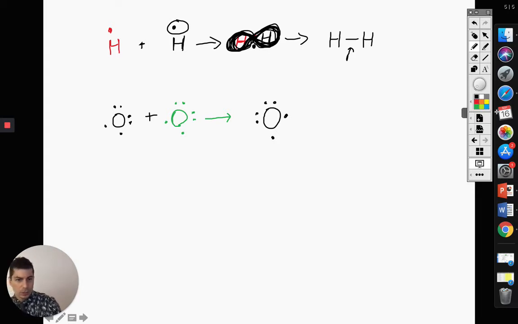Let's connect our green one here. So there's that. And I'm going to draw it so it looks almost like a mirror image of the other one. Now, we have a single bond in the middle, just like we had on hydrogen.